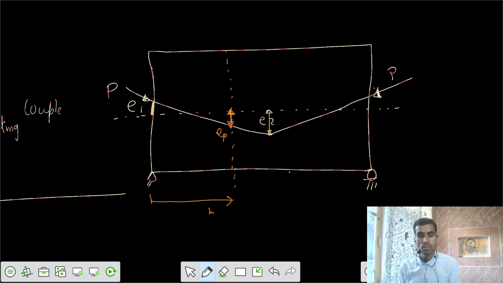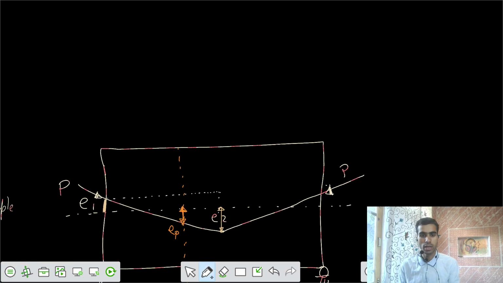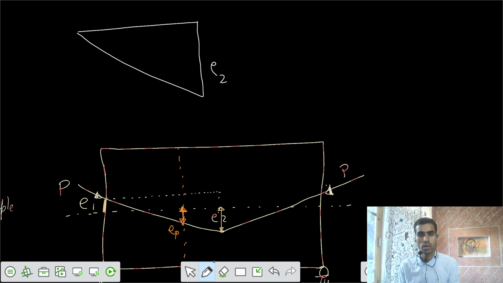If we take the overall bigger triangle outside, we have E2 here, and up somewhere we have the value of E1 also.